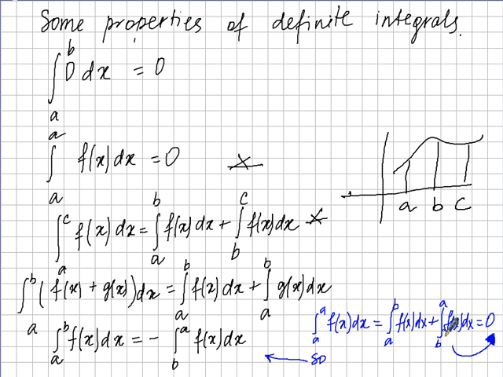Taking this part to the right side, we get a great property, which will be very useful in our calculations: if you simply swap the limits, then the integrals will have opposite signs.